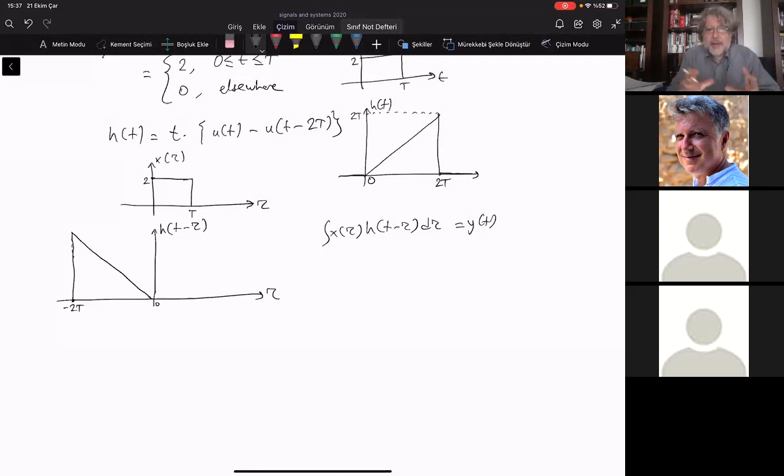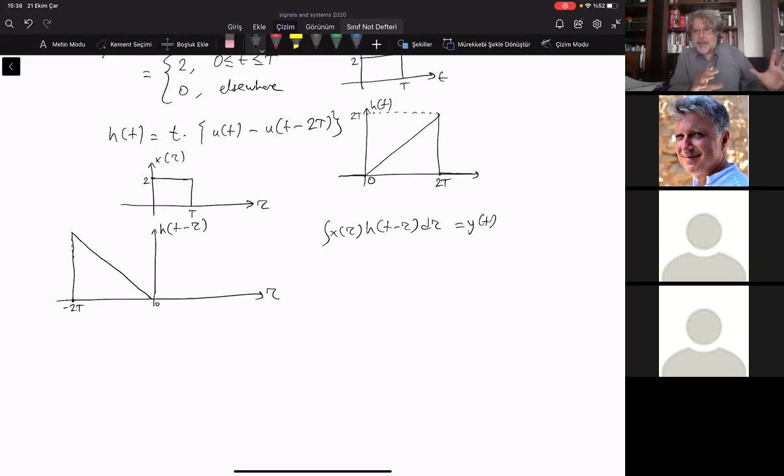So h of t minus tau for a positive t would mean it is shifted to the right by t, and for negative t, it means to the left. So when t is less than 0, this will be shifted to the left, and there will be no overlap of this multiplication x of tau and h of t minus tau.